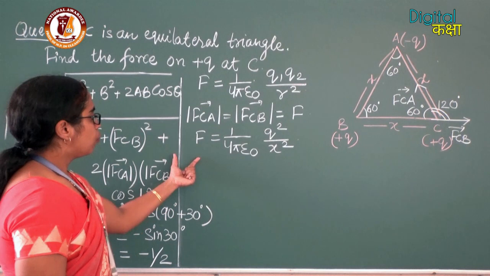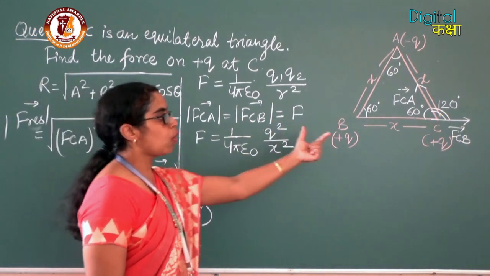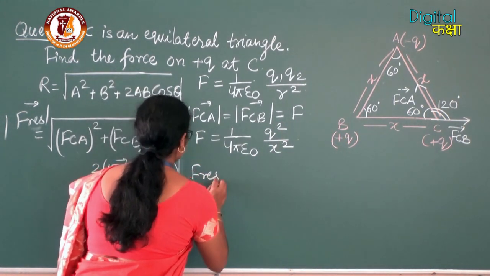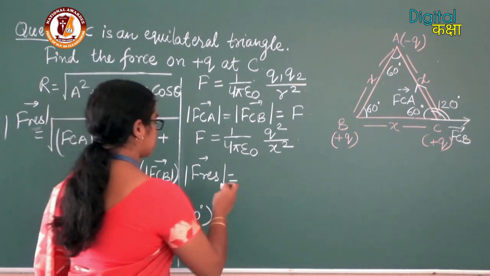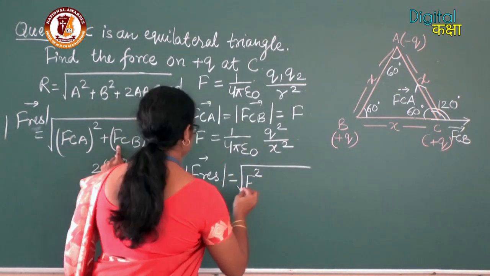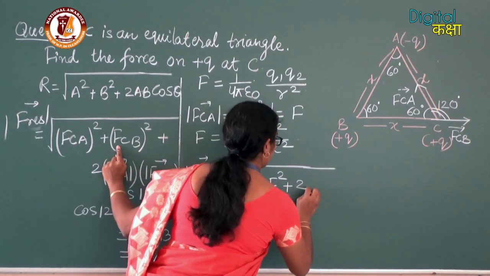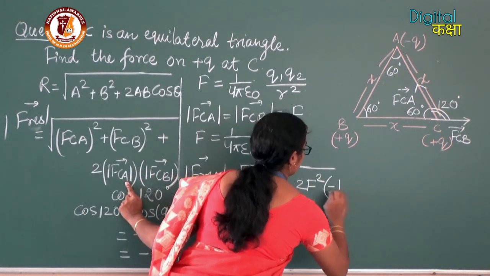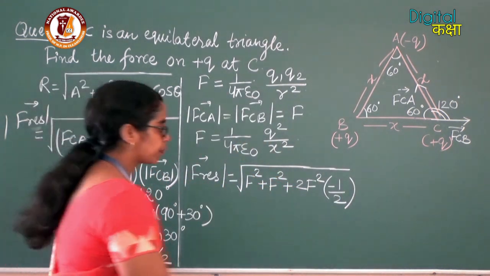Now let us see how we get the formula for the resultant force on plus q charge kept at C. This resultant can be written as square root of F square plus F square plus 2 F square into minus 1 by 2, which we have calculated here.